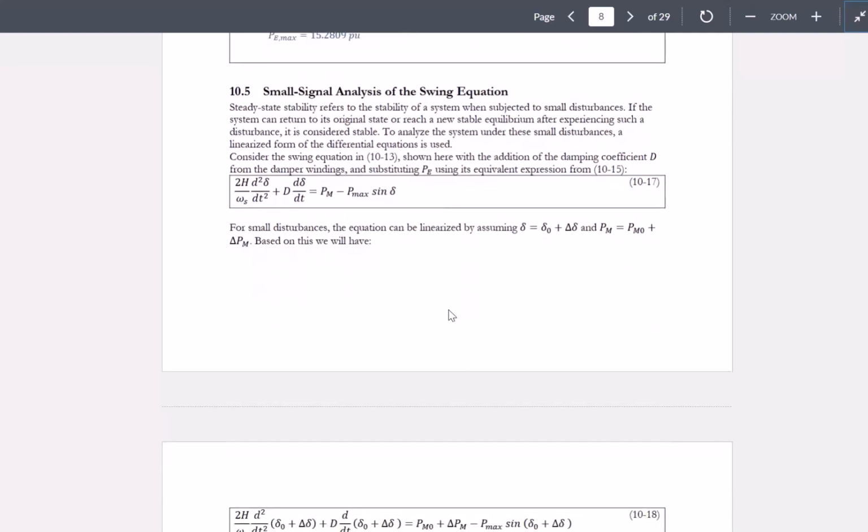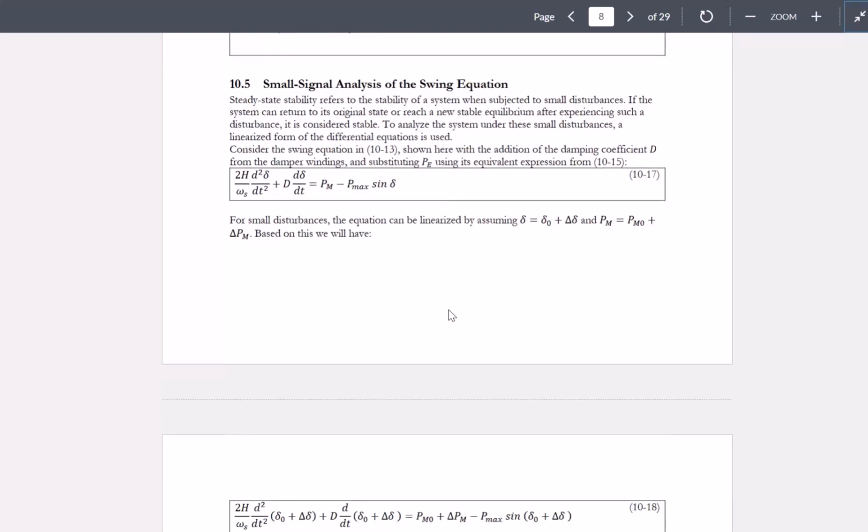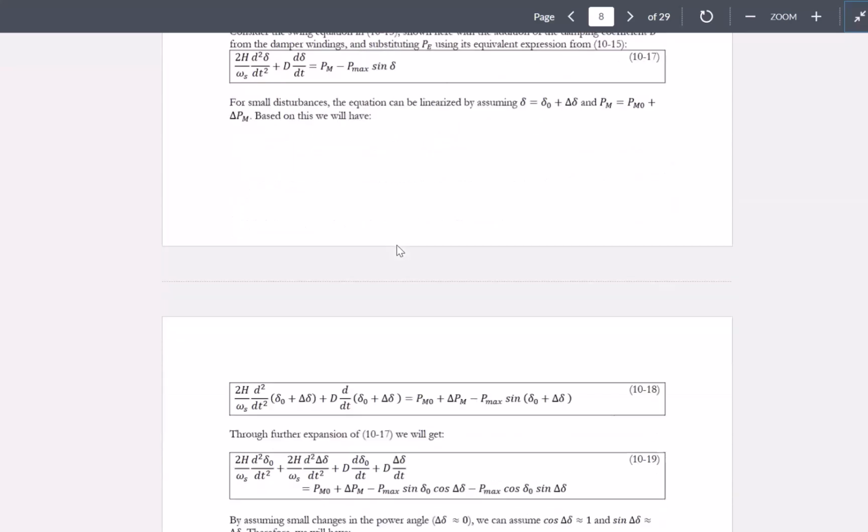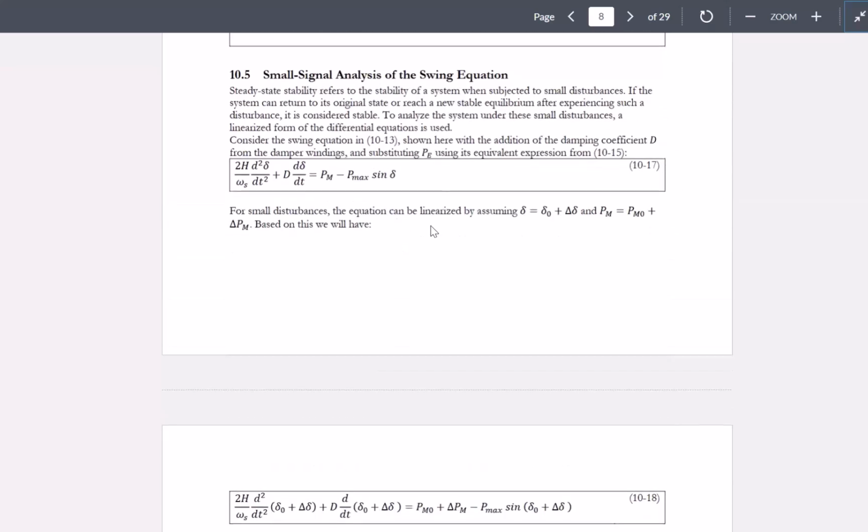And then once we're talking about the small signal analysis, looking at the swing equation, we can see that this equation is nonlinear because of this sine of delta. In order to linearize this for the purpose of small signal stability, we need to assume that delta would be equal to delta 0 plus delta delta, and everything else in the system, such as PM, would also be PM0 plus delta PM, the changes of mechanical power around the equilibrium point value, which is PM0.